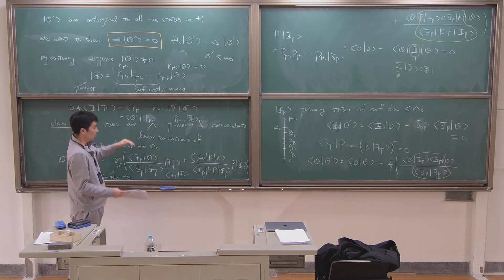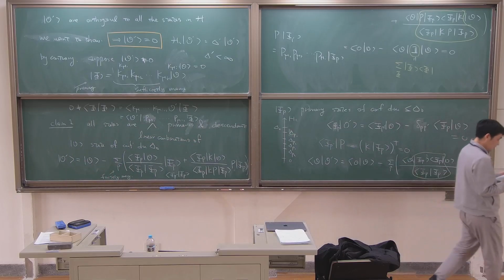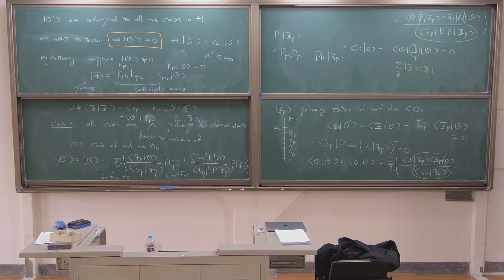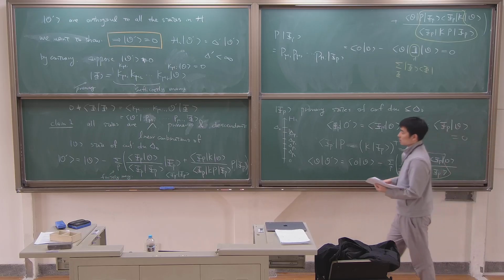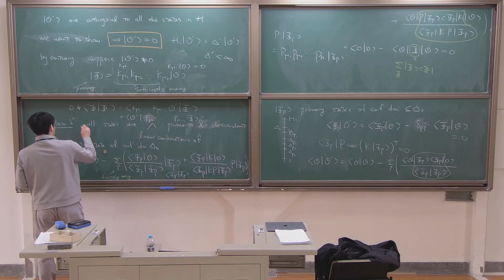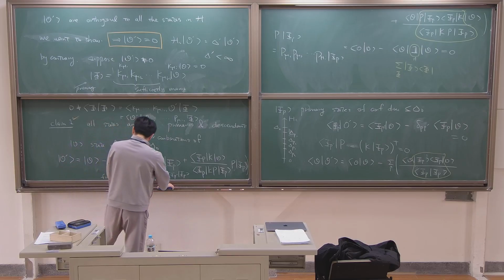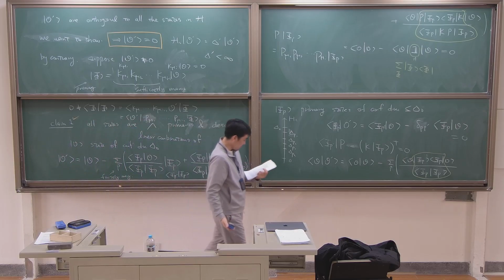So all states are linear combinations of primaries and descendants. That's correct. That's grade 1, we showed. Any question at this moment?